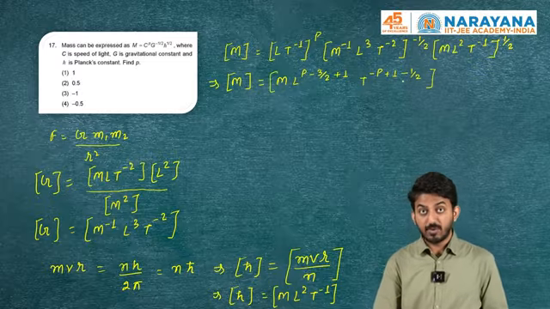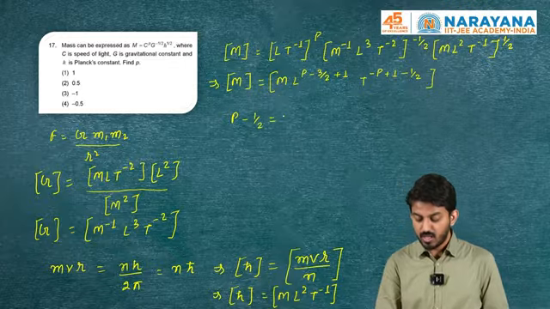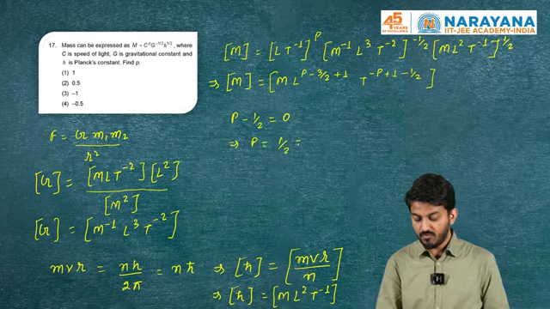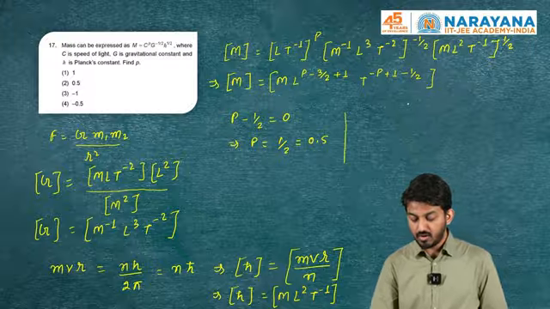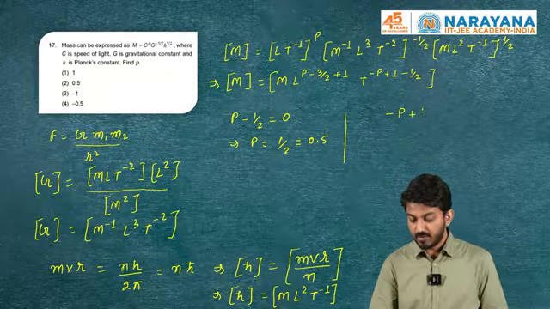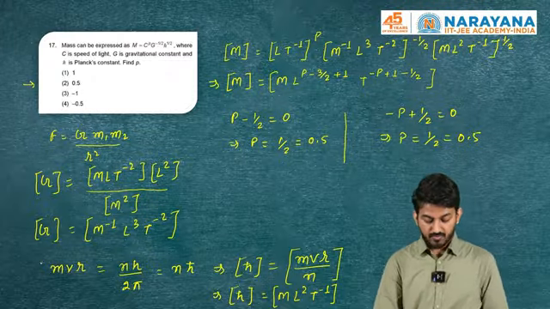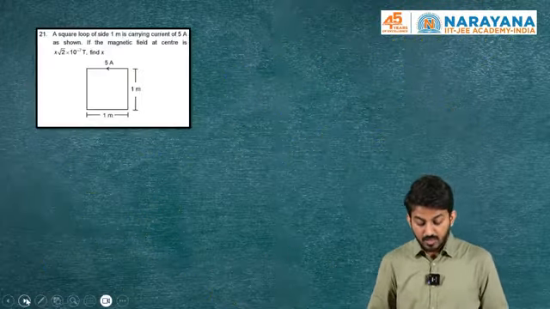For these to be dimensionally equal, p minus 3 by 2 plus 1 is going to be minus 1 by 2 plus p, and that should be equal to 0, giving us p is equal to half, which is 0.5. We can do that for t also. That gives me p plus half is equal to 0, again giving us p is equal to half, and thus 0.5. Answer being 0.5.